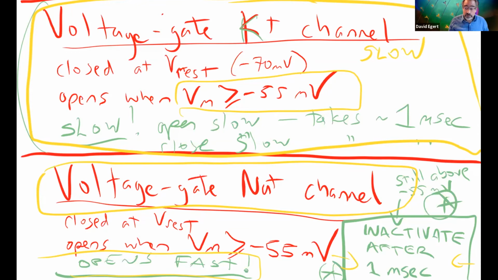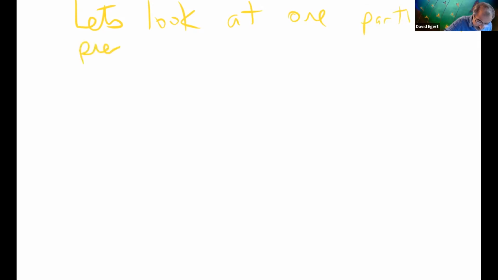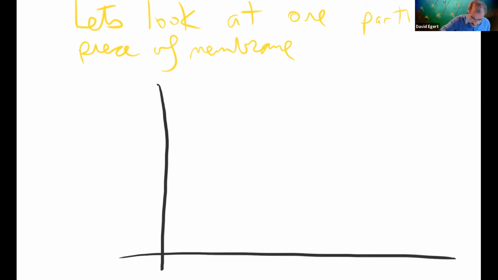Okay. So now let's look at one particular piece of membrane that has these channels. V sub M. Now I'm going to give it numbers.